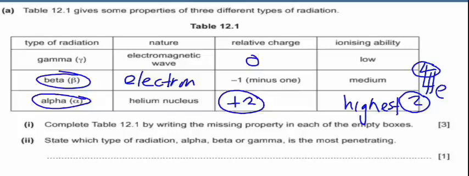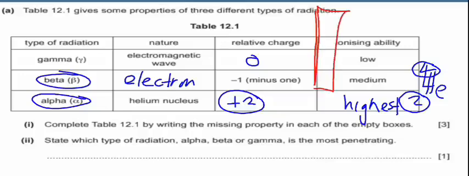Then as for Roman number 2, it is saying, state which type of radiation, alpha, beta, or gamma, is the most penetrating. So when it comes to this one here, let me just try to draw this. Usually this question even came in 2023 for internal ECZ candidates. They brought this one for the penetration.